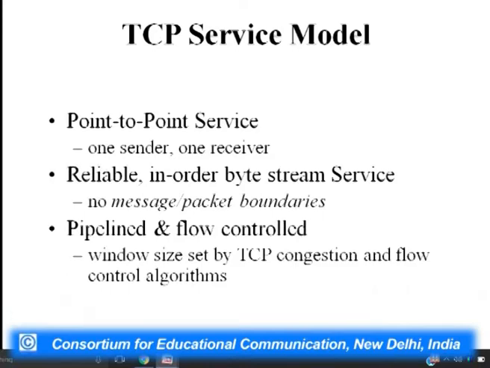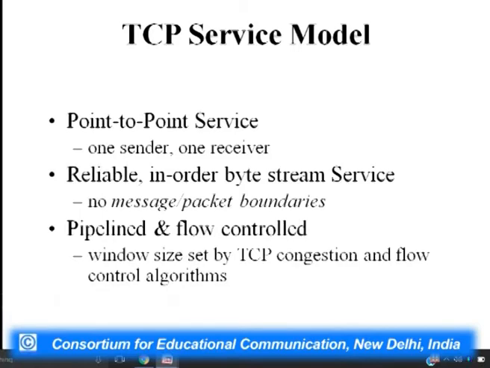So, it is a byte service rather than a packet service. How many bytes will be talked about later, and how the bytes are decided. It does not use any packet boundary or message boundary. It does not say that this is the start of a message or a packet and this is the end. It simply says that so many bytes go, and these bytes may belong to the same packet, the same message, and so on.